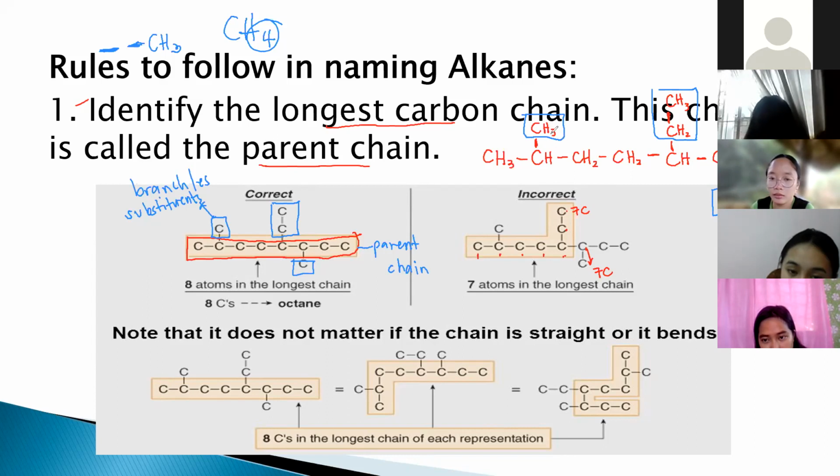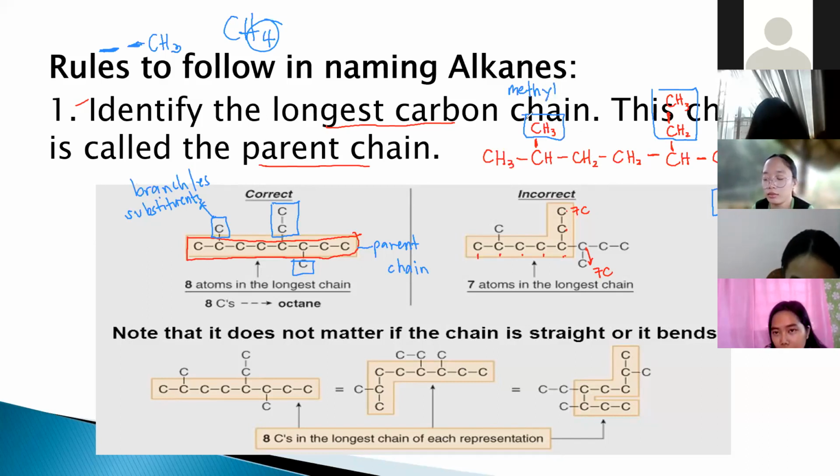Okay. Now, the first one here, we only have 1 carbon, pero CH3 siya, hindi siya CH4, kulang siya ng hydrogen. How do we name this? Ano nga yung prefix ng isang carbon? Meth. Okay. Now, what will be the ending? Kulang siya ng isang hydrogen. Dapat CH4, di ba? Methyl. Okay, the ending will be methyl.